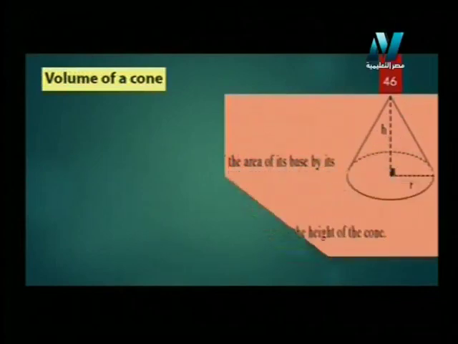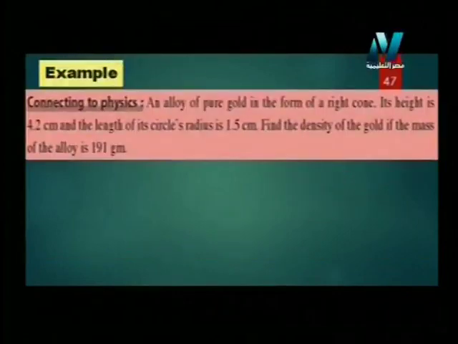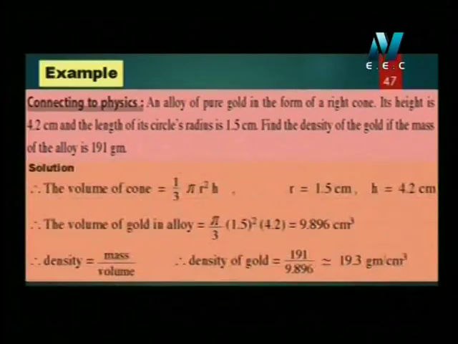We'll move to the volume of the cone. The last thing: we have a cone here and the volume equals 1/3 πr power 2 h. So example here, if we have a cone made of an alloy, and its height equals 4.2 and its circle's radius equals 1.5, the gold mass of this alloy equals 191.